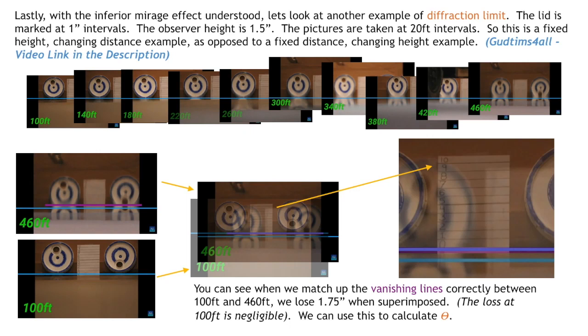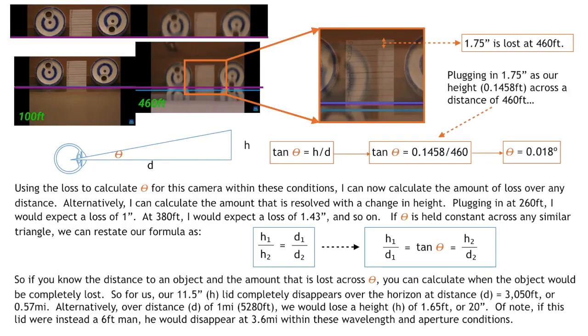And again, you can use this to then calculate theta for this particular wavelength, diameter, aperture camera. So we'll do that here. Again, this 1.75 inches is lost at 460 feet, so we plug in 1.75 inches as our height, which is 0.1458 feet across a distance of 460 feet.